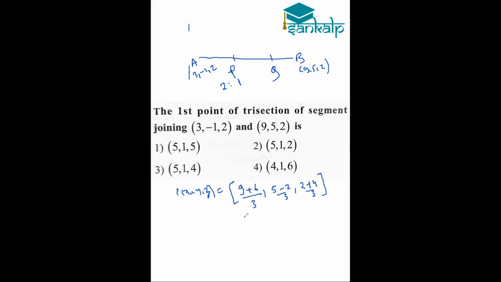On simplifying further, we get 9 plus 6 is 15, 15 upon 3 is 5; 5 minus 2 is 3, 3 upon 3 is 1; and 6 upon 3 is 2. So (5, 1, 2) is the coordinates of the point P. So option 2 is the right option.